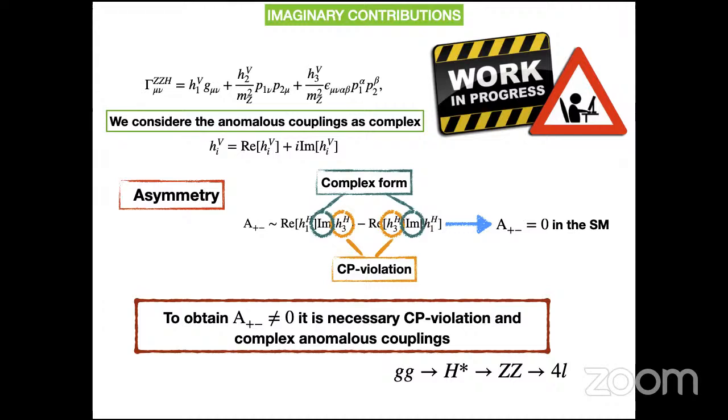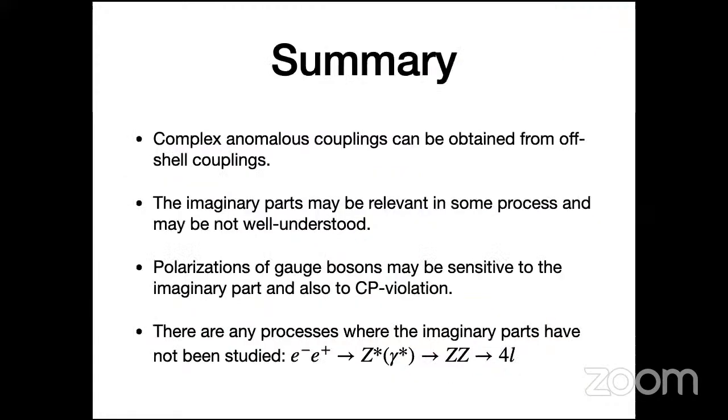We don't know if we can measure the polarization of the two Z bosons, but I think the polarization of the Z bosons may have implications in the final state, where we have four leptons. So, my summary: complex anomalous couplings can be obtained from off-shell couplings.